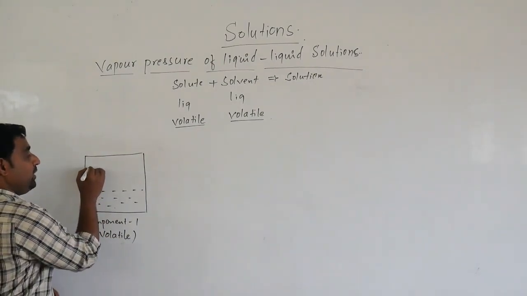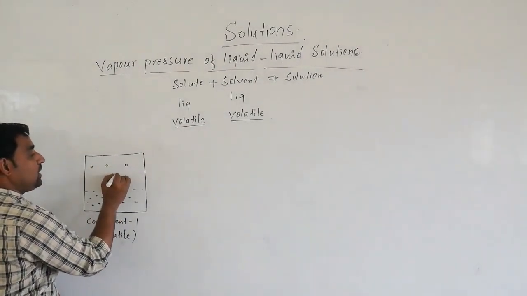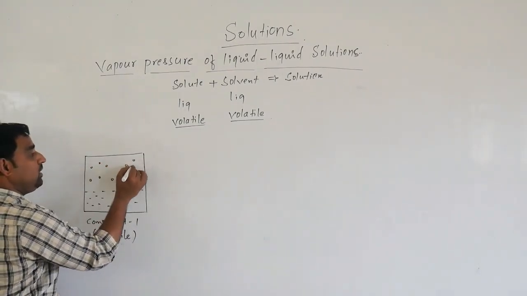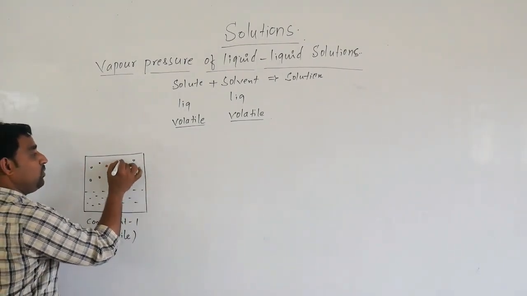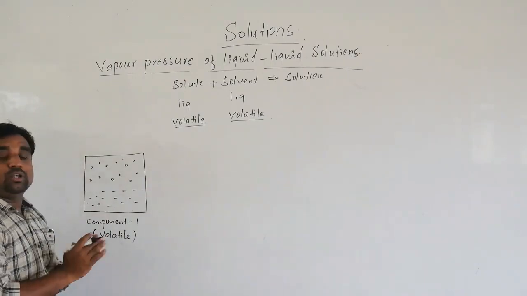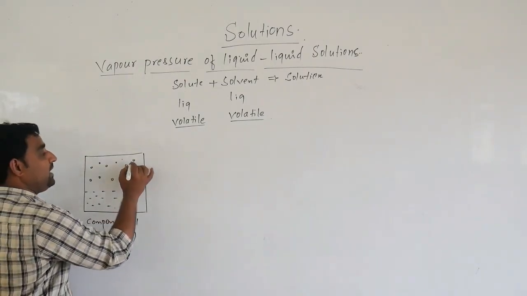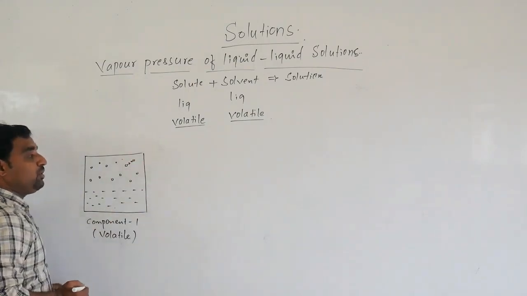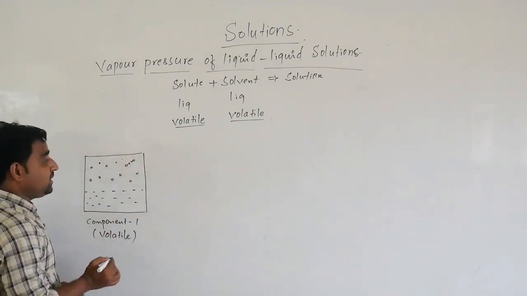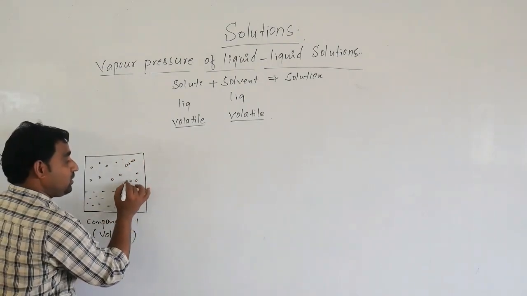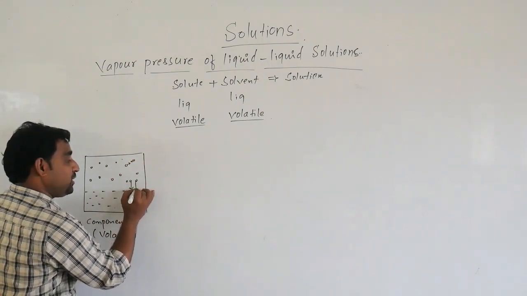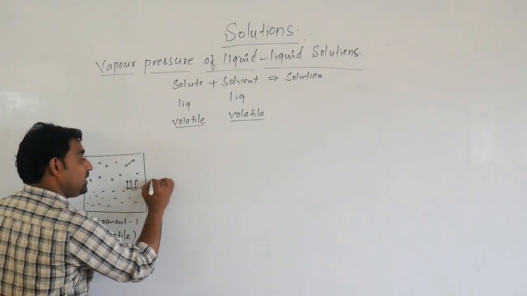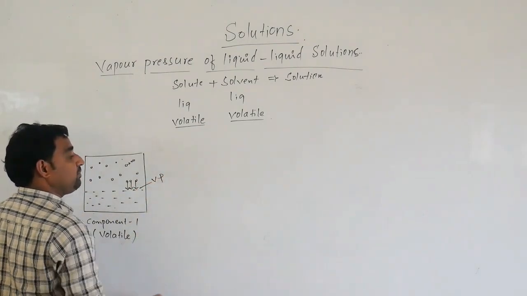These vapor molecules collect over the solution and have more kinetic energy. They move and collide with each other, and they also exert a pressure on the surface of the liquid. That pressure is known as the vapor pressure of the liquid.